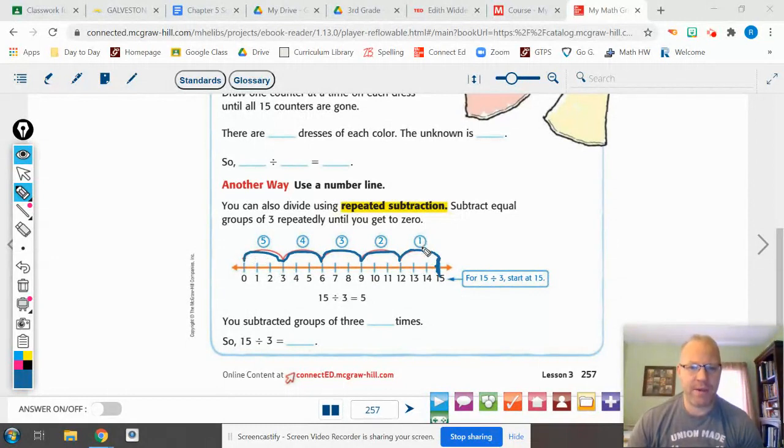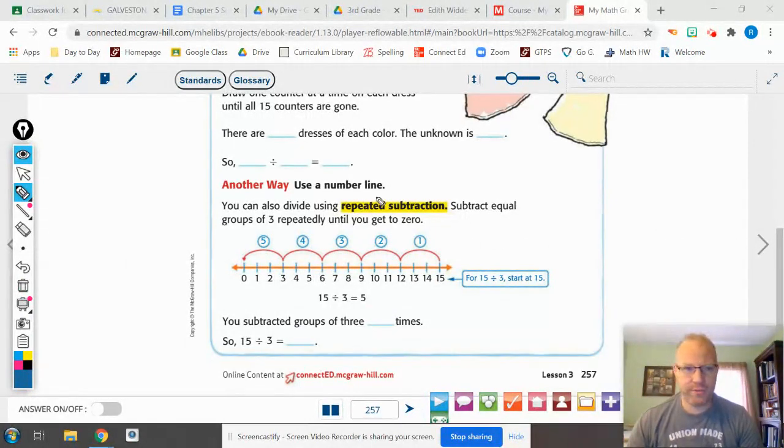Once we do that, we count how many times we jumped. 1, 2, 3, 4, 5. We jumped 5 times. So 15 divided by 3 equals 5. As you can see, we've subtracted over and over again until we got to 0. Now let's move on to the next page. If you need these notes, pause this video.